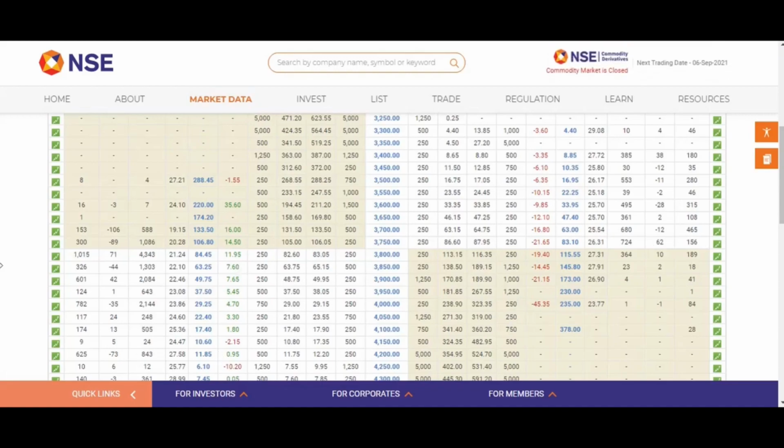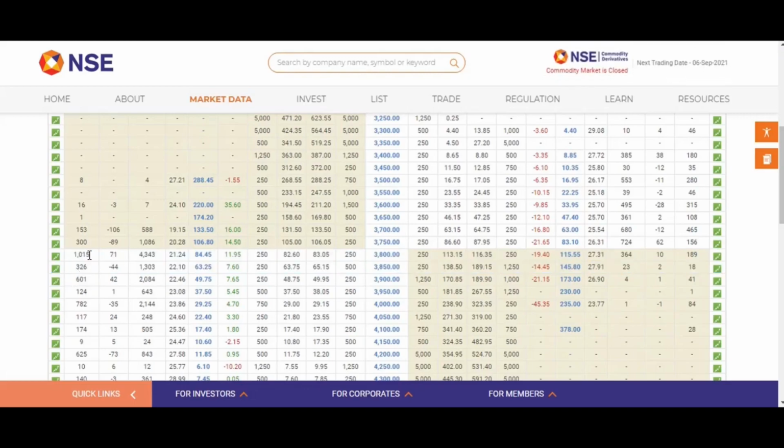So now you have to see how much OI is getting built up on which side. Here it is 156, it is 465, it is 108, and then all of a sudden it's 1000, 326, 600, which clearly indicates that option sellers are busy selling the OTM calls of Bajaj Auto.